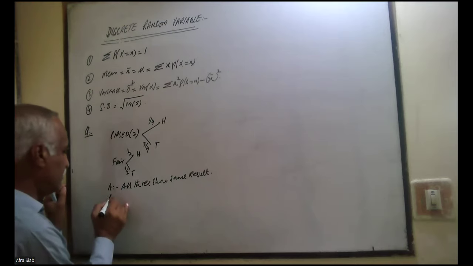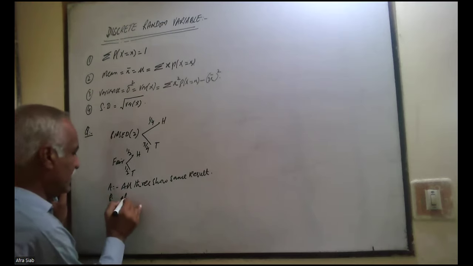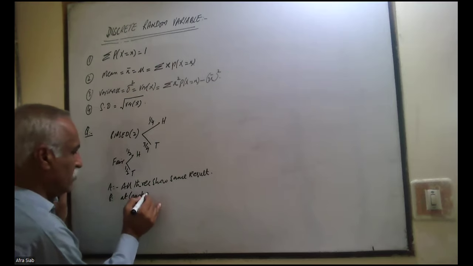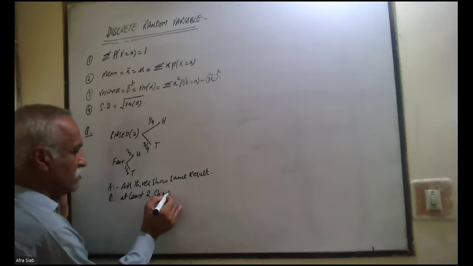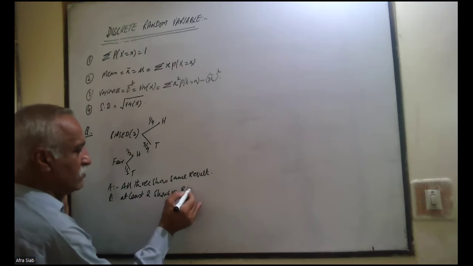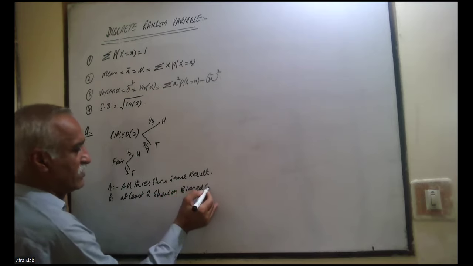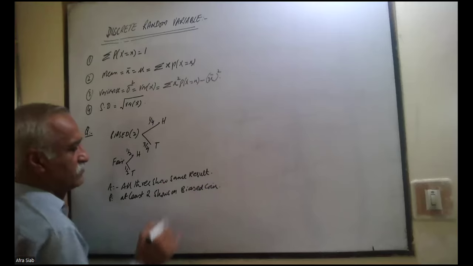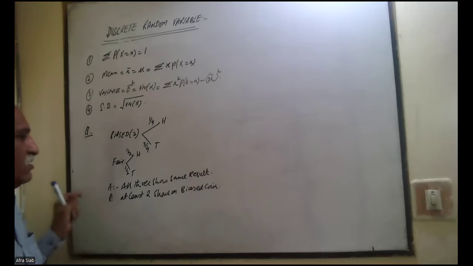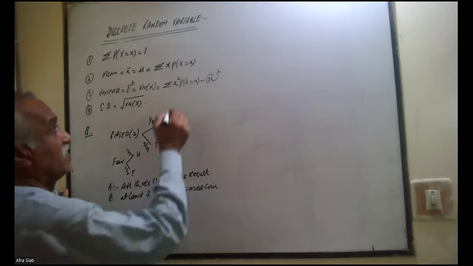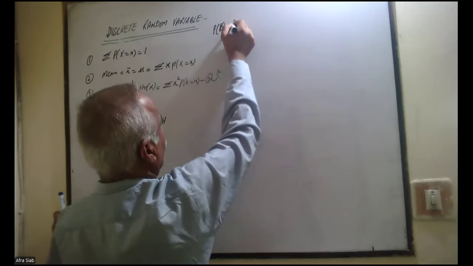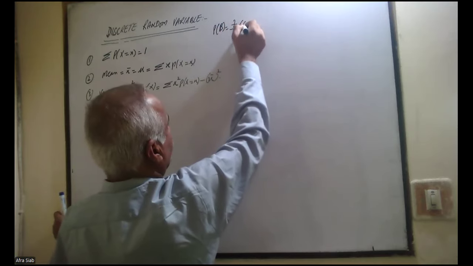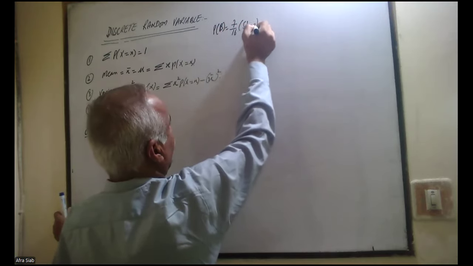B is the event that at least one shows a head on the biased coins. And you are going to show the probability of B is equal to 7 over 16, and this result we are going to show.